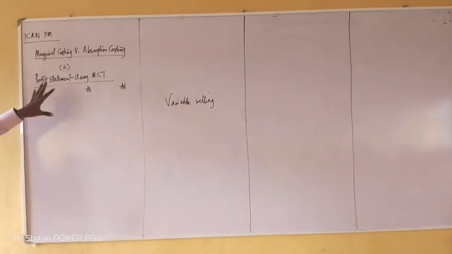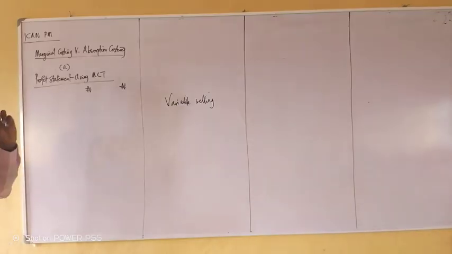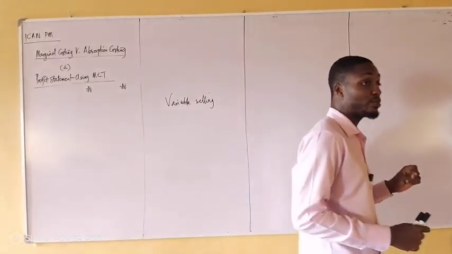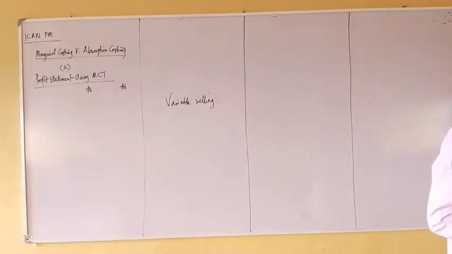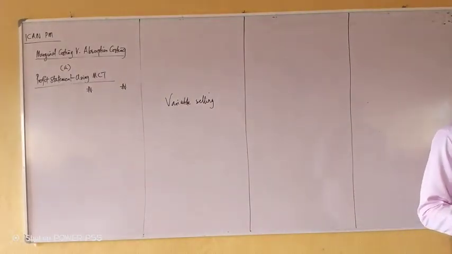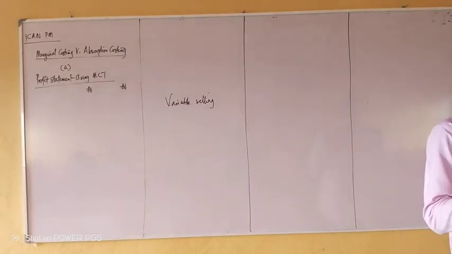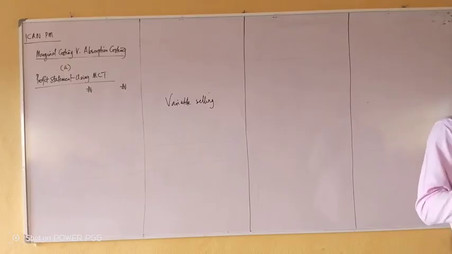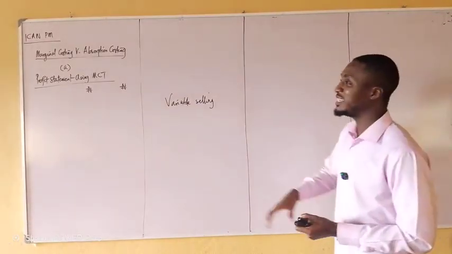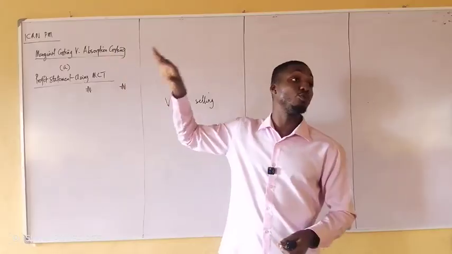But for management accounts, they don't go with sales less cost of sales, because what is in that cost of sales is basically the full cost of production of units that were both produced and sold. For management accounts, you have to follow the technique they've told you to use.